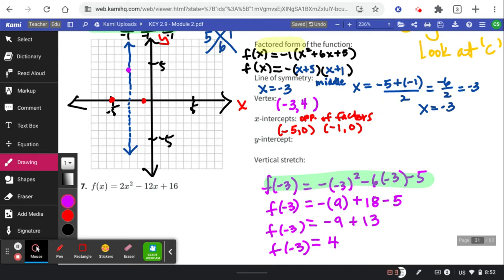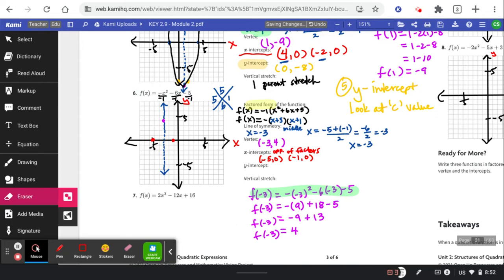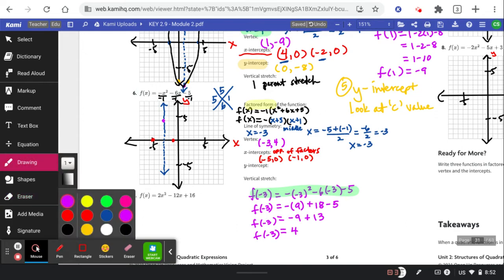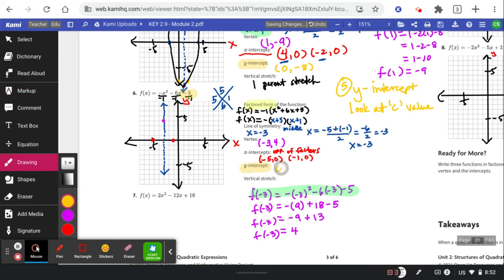And then my y-intercept is just the c value of the graph. That's this -5 right here. So go put a dot at 0, -5. And we know that there's going to be one on the other side in the same place as well because of the symmetry.